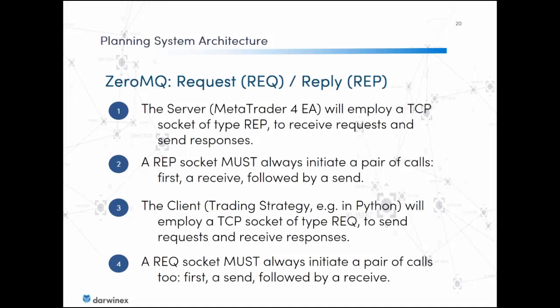It must first execute a receive call, whereby it gets information from the client, and it should always follow that up with a send call to send information back to the client to complete that exchange. The client, the trading strategy, for example in Python, will employ a TCP socket of type REQ, which is request, to send requests and receive responses. A REQ socket must always initiate a pair of calls too, so it must first do a send, followed by a receive to complete the exchange.